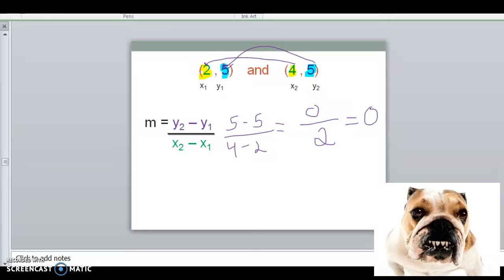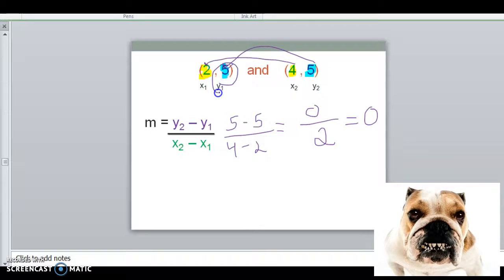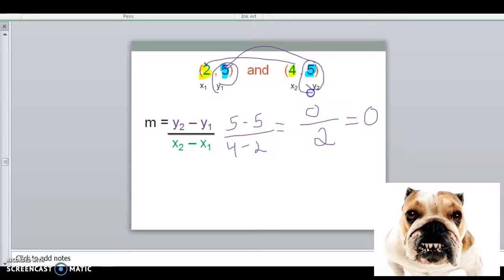So just a little trick to avoid all of this work here. Anytime your y values are the same, your slope is always going to be 0.